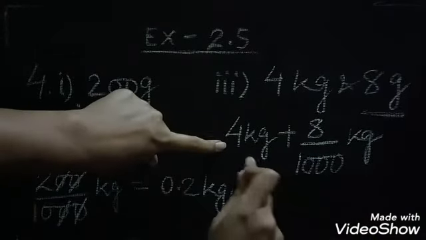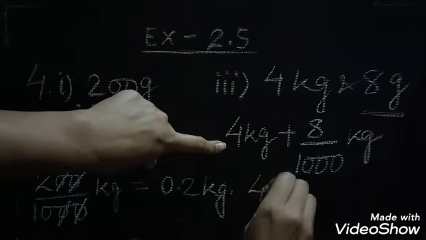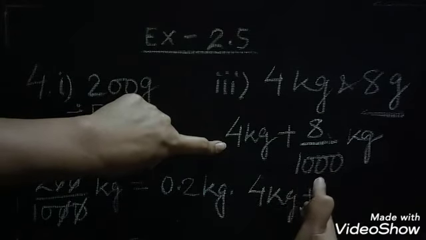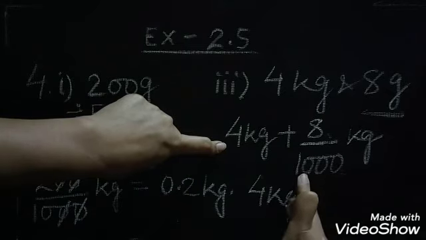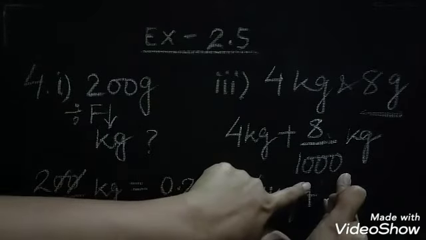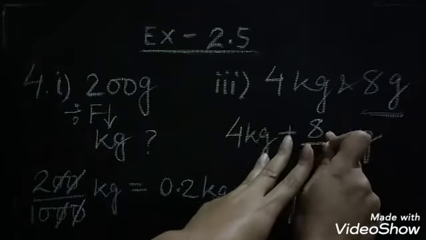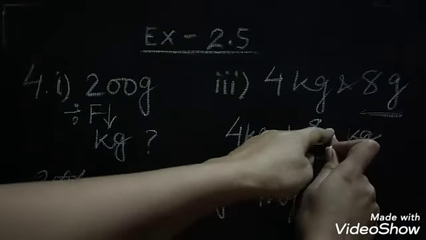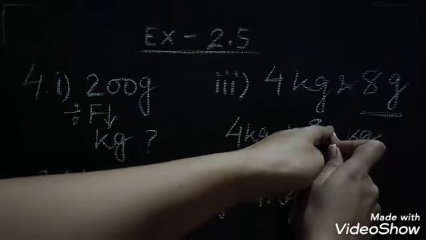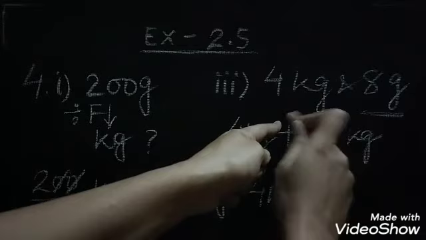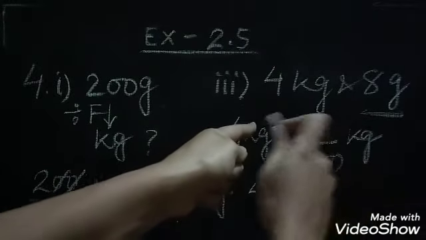Now 4 kg is 4 plus 8 upon, now 1 0 zeros counted are 3 total. So 3 zeros counted, then move up. The decimal is right now here. So you need to move 3 places to the left. So 1, then again 2, which is a 0, then again third, which is again a 0.